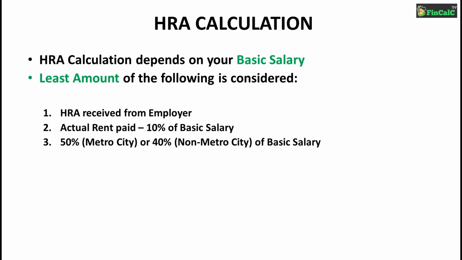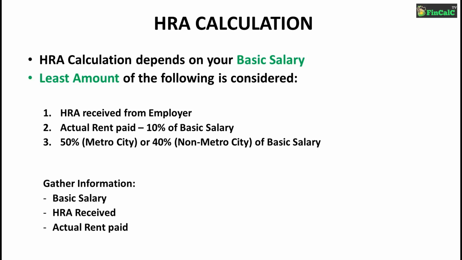So as you can see, you need to gather information about your basic salary, HRA received from your employer which you can get from your pay slips, actual rent paid by you, and the location where you stay in rented accommodation. Let us now see the calculation process with the help of an example.